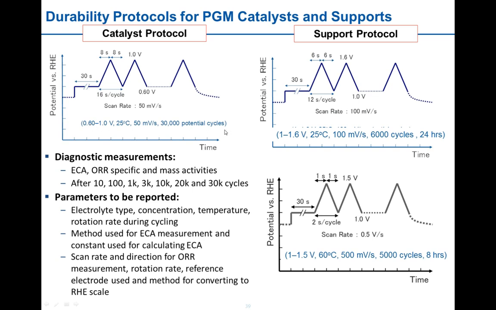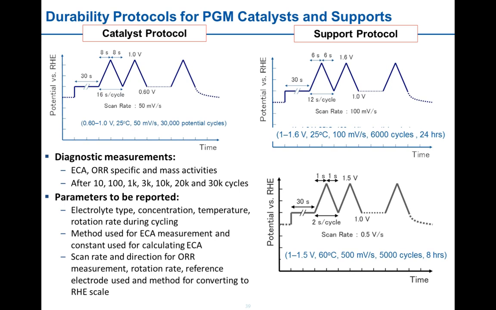In the upper left plot, I show the catalyst protocol that was established by the durability working group. This is identical to the MEA protocol, so it's a triangle wave between 0.6 and 1.0 volts at 50 millivolts per second. It's recommended that you cycle it for 30,000 potential cycles, and in this case, the electrolyte temperature is room temperature.